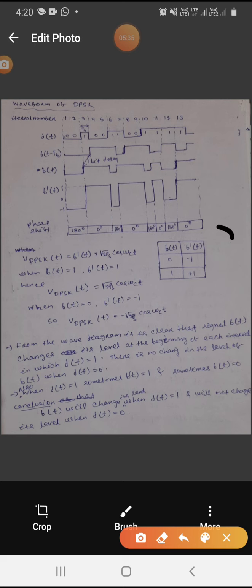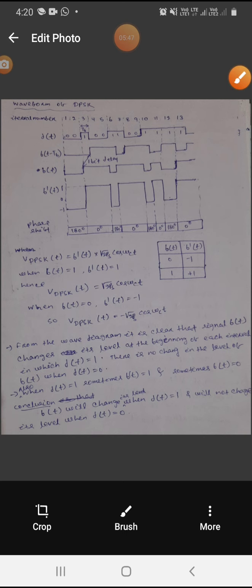See the table. This is the table when Bt is 0, B dash t is minus 1, and when Bt is 1, B dash t is plus 1. So when Bt is 1, and B dash t is obviously 1, mathematically we write VDPSK of t as root over 2Ps into cos omega ct.